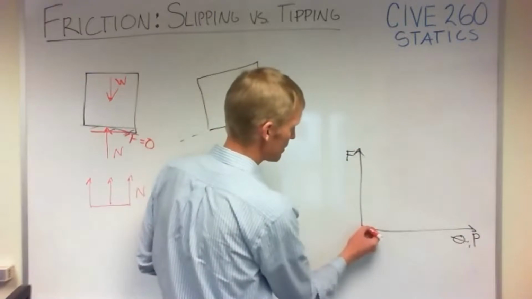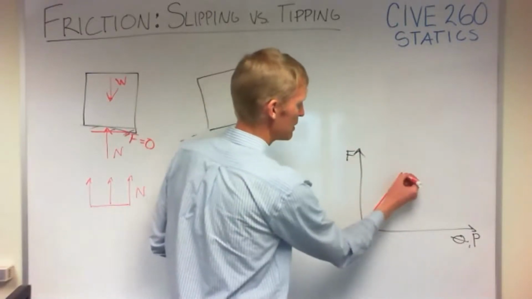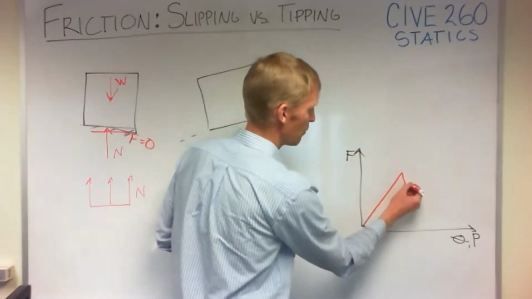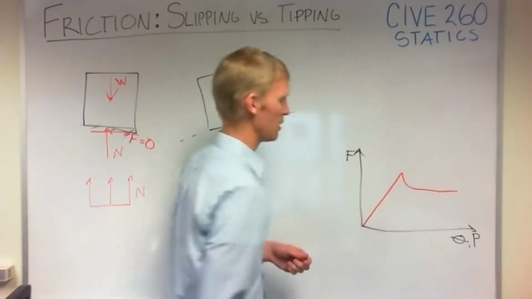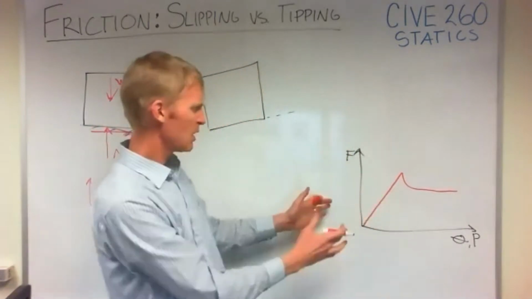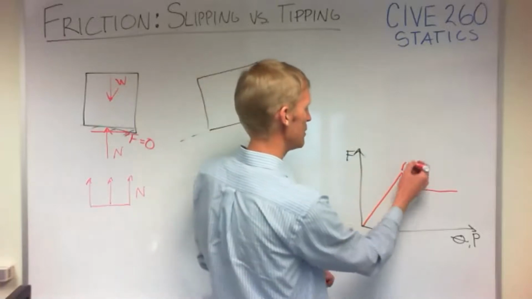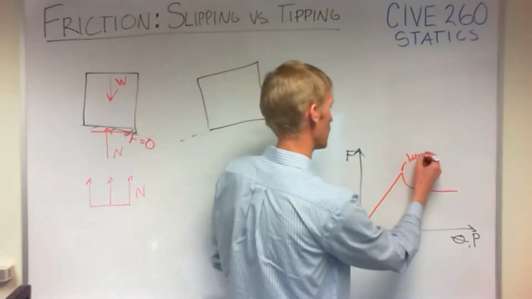And then we have this linear increase in the friction until we reach this maximum friction point here. We dip down and it goes horizontal. Hopefully those of you who've taken any kind of physics course remember and can look at this and go, I think this point right here is that impending motion point.